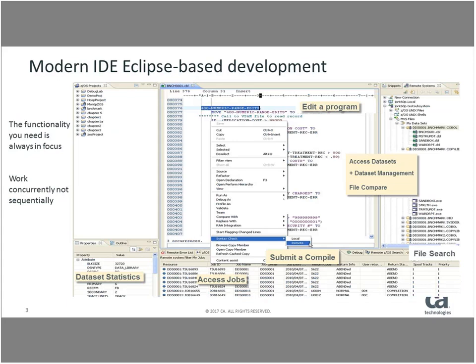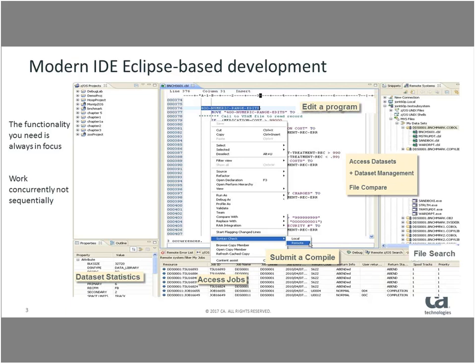So if you are using any of these products within the ISPF screen, with the development environment you can also use the Eclipse UIs, but also an enhanced tool set and tooling that comes with the development environment.